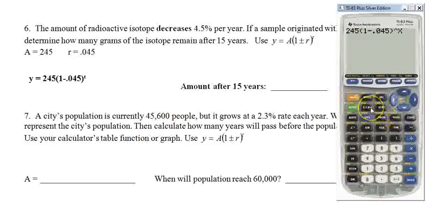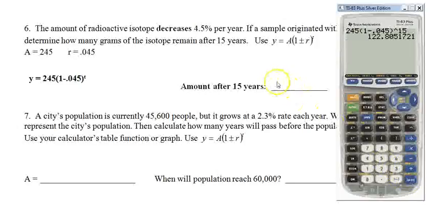I use x since t is not available. But you're like, wait, why am I using x? I know how many years. It's 15. So I can just type that value in. Now, if you did do it in y equals and you put it to the x, you just scroll down to 15. That would work too.